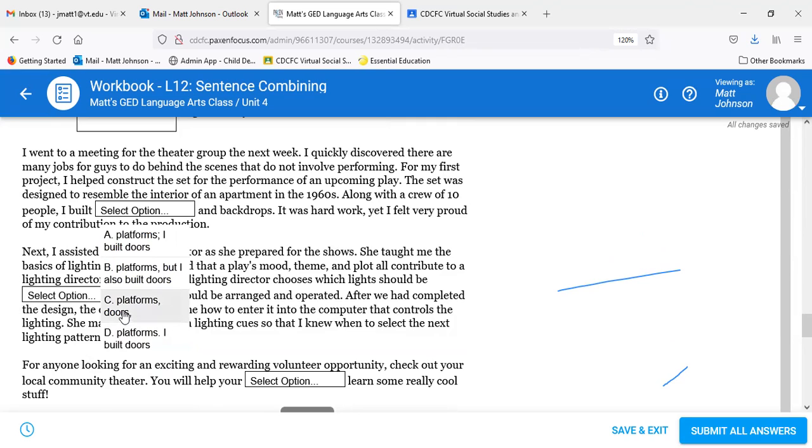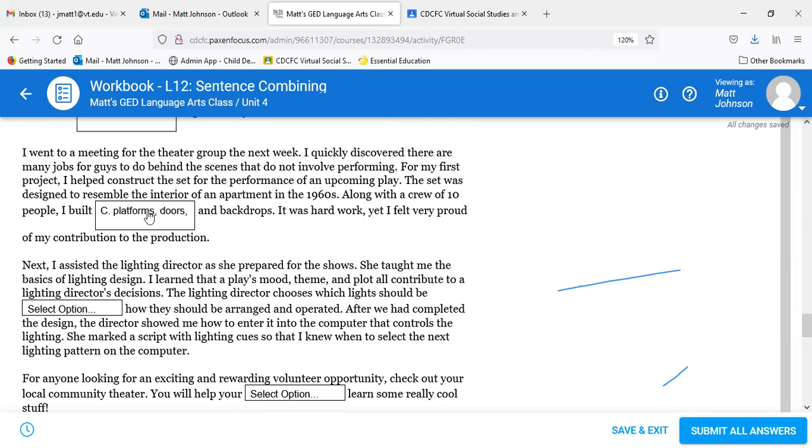So it's a list, right? "I built platforms, comma, doors, comma, and backdrops." Not so much sentence combining there. This is more just that exercise and use of commas. So we're not chopping anything up. We're just making sure that we have our commas in the right place as far as listing items. So this individual helped build platforms, comma, doors, comma, and backdrops.